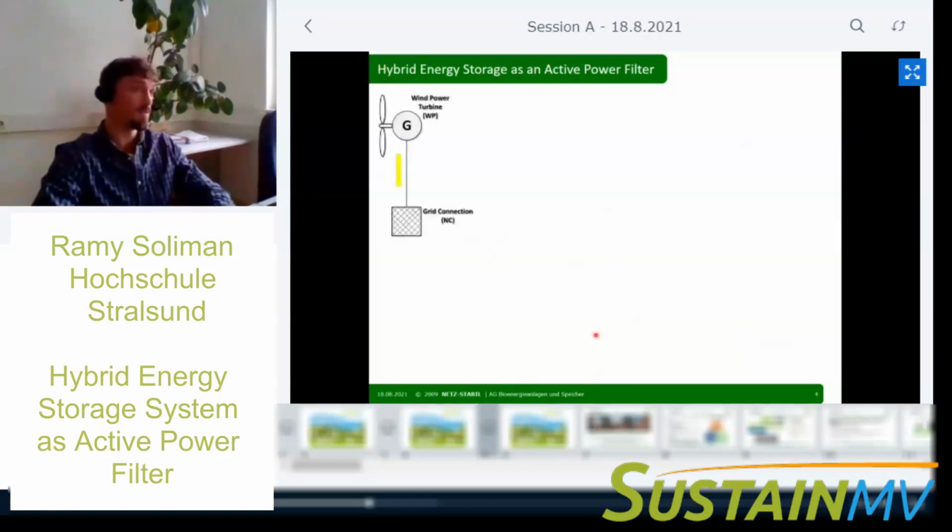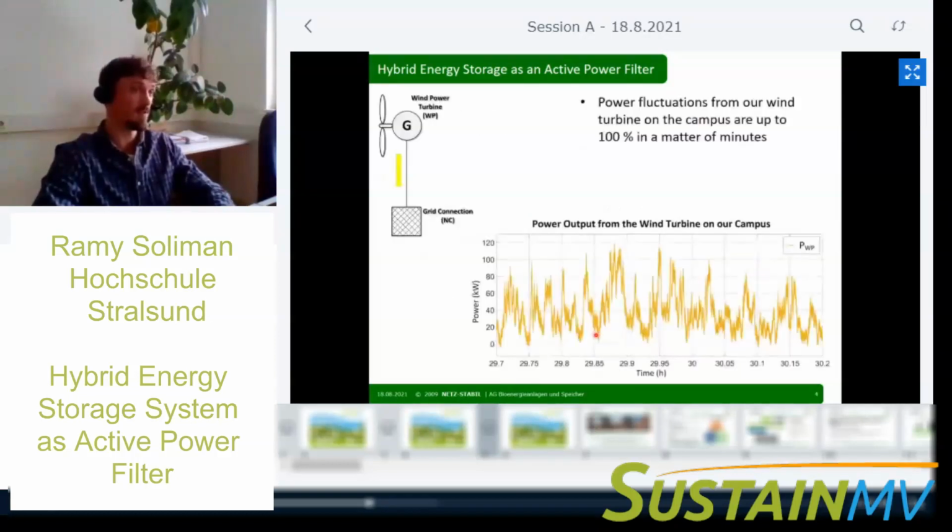This is an example of the power output from our 100 kilowatt wind turbine on our campus. This is a 30-minute window, and you can see the extreme fluctuations. They are up to 100% in a matter of minutes. I have to mention that this is an extreme example because it's an old technology.